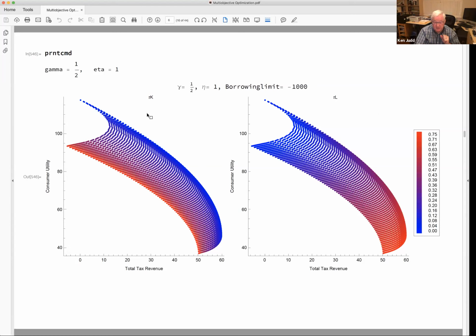Now, however, with the capital tax, it looks like at every Pareto efficient point, the capital tax is 0 or close to 0. Remember the color scale here. And basically, significant capital taxes of any sort kick you inside the frontier.